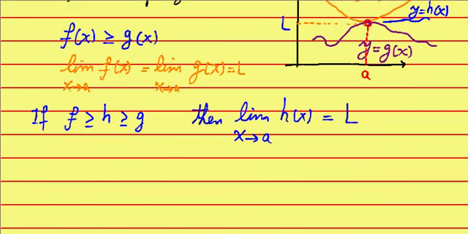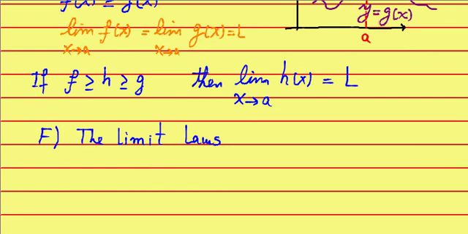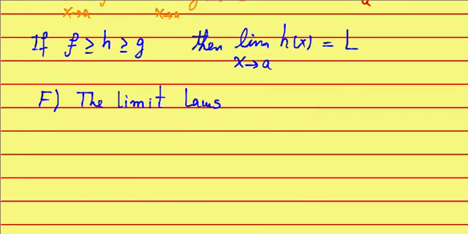Now for the last item for the lecture today, we have the so-called limit laws. Limit laws are a sequence of statements or theorems that if you read through them after a while, you might feel a bit uneasy as to what is being said.